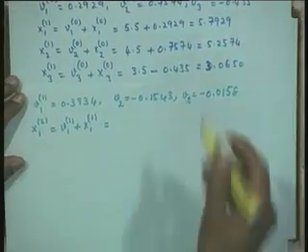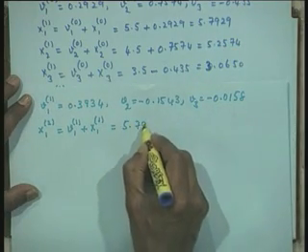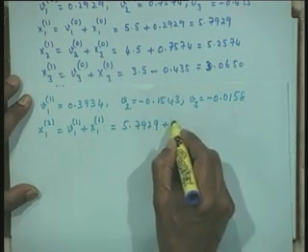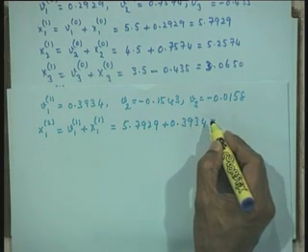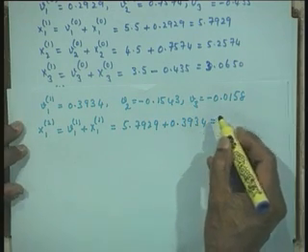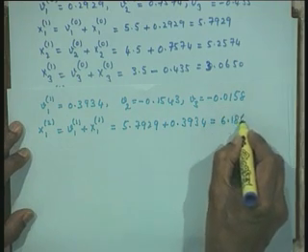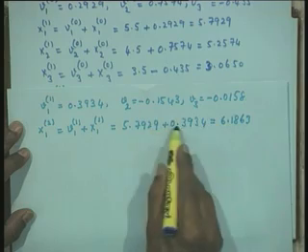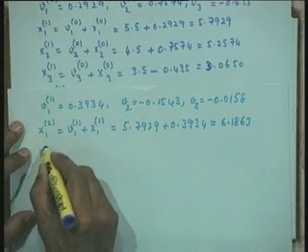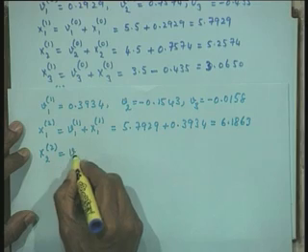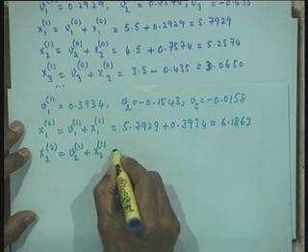So, the value of x1 was 5.7929 plus 0.3934, that is 6.1863. Yes, 6.1863. Then x2 2 is V2 of 1 plus x2 1.